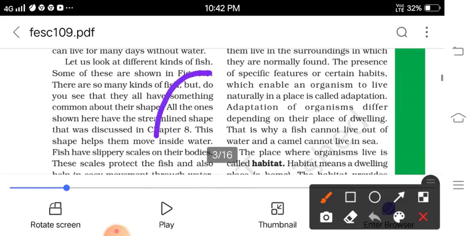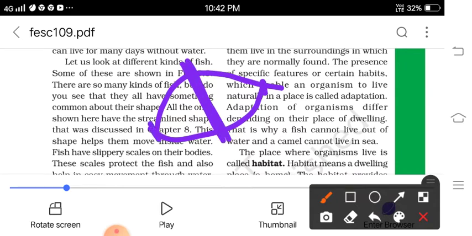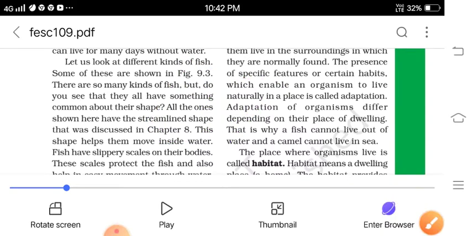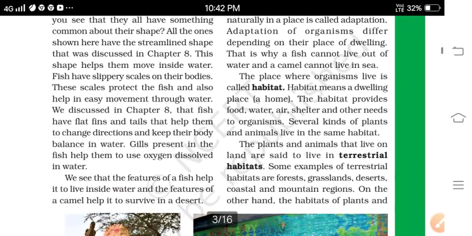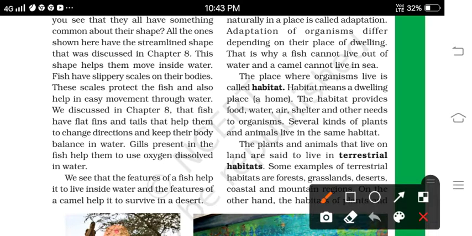Their body is broad in the middle and flat at the two sides, so they move easily inside water. Fish have slippery scales on their bodies. These scales protect the fish and also help in easy movement through water, as we discussed in chapter 8. Gills help them to use oxygen dissolved in water.